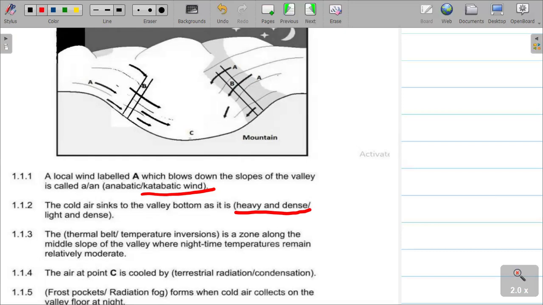Warm air is lighter and has more water vapor, while cold air is always heavy and dense. So it sinks and wedges below the warm air.